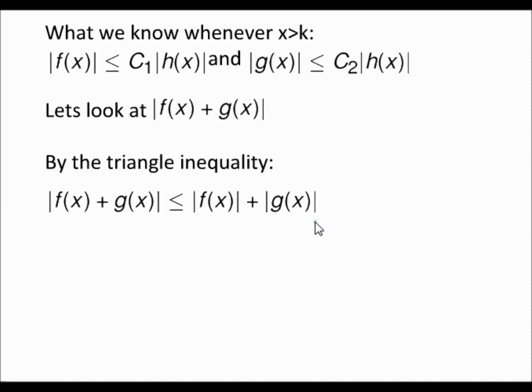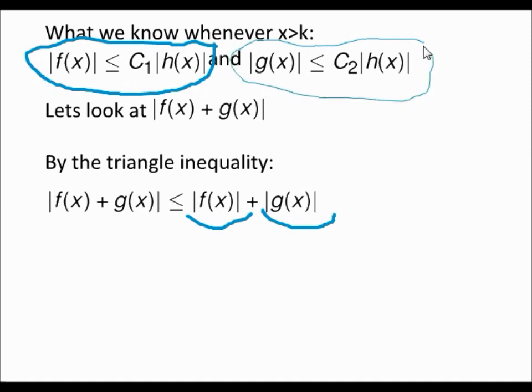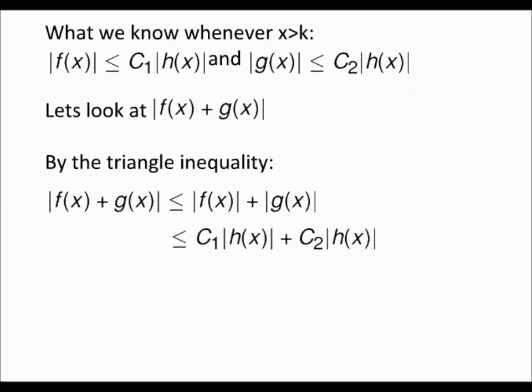And remember, I already have a bound for the absolute value of f of x. I already have a bound for the absolute value of g of x. Remember, that's what we were talking about. That's what we're assuming from the very get-go, is that h of x is going to be bigger than these functions, with some fudge factor. Now, I have c1 of these here plus c2 of these here.